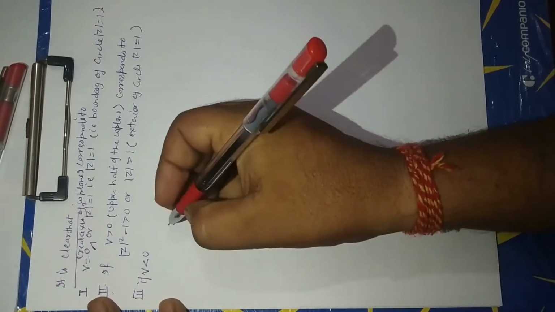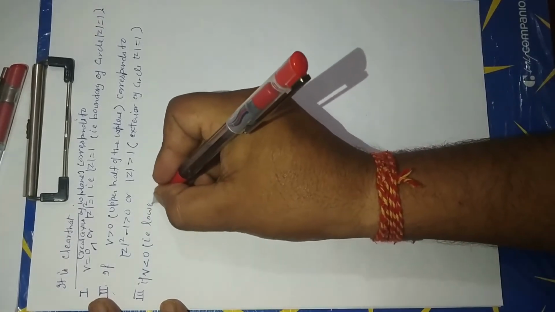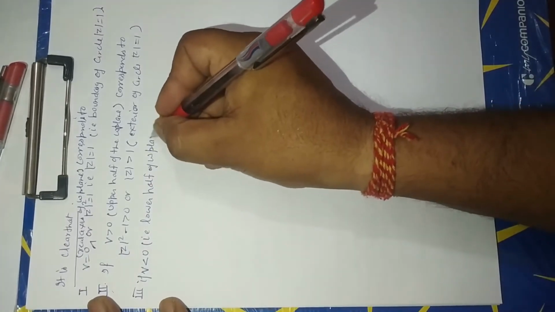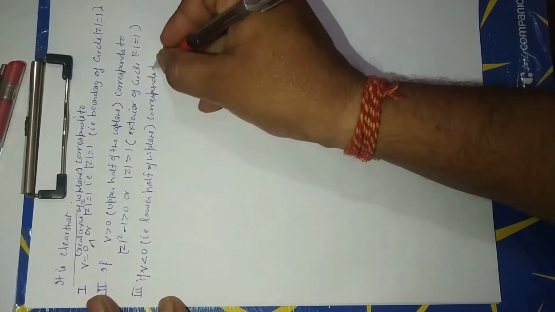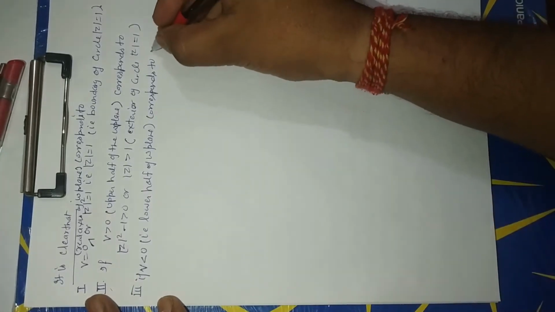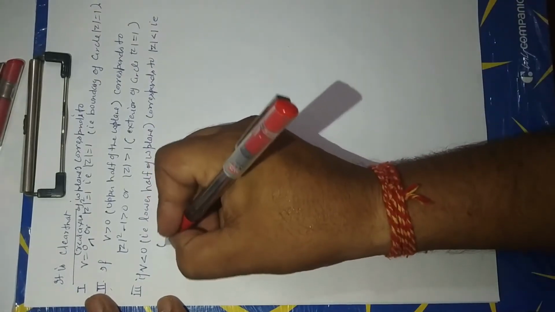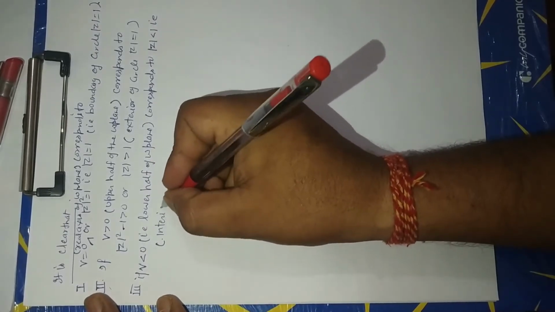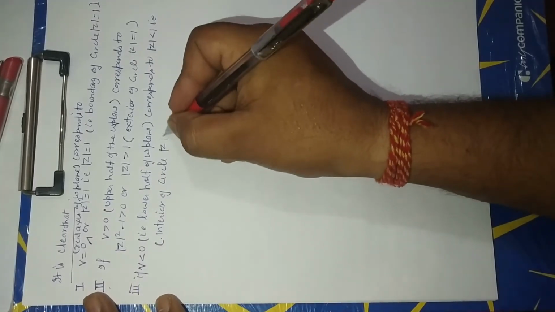If v less than 0, that is the lower half of the W plane, corresponds to modulus of z less than 1, that is the interior of the circle modulus of z equal to 1.